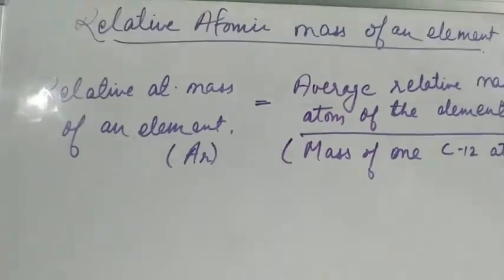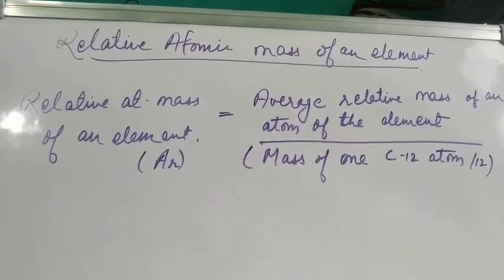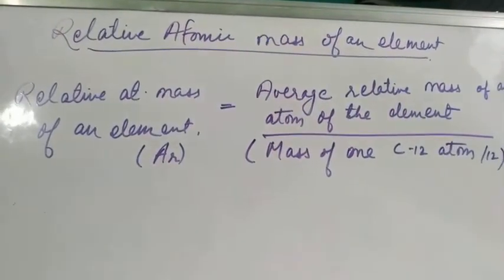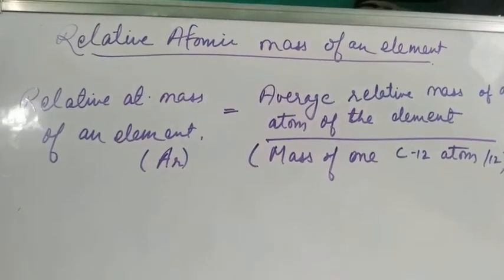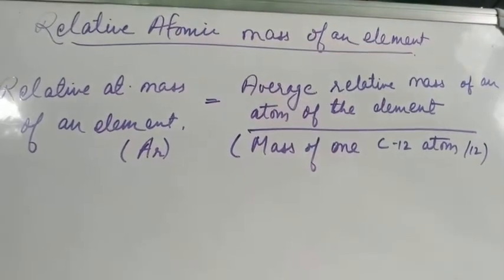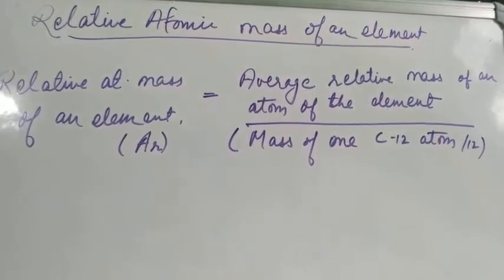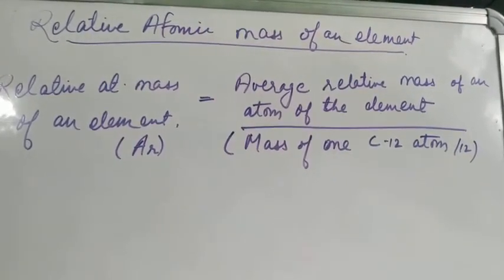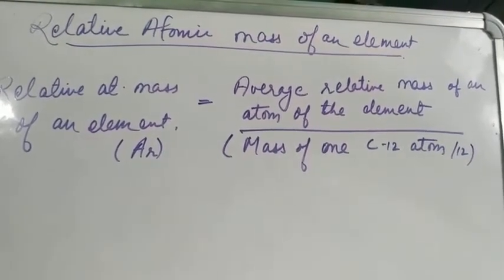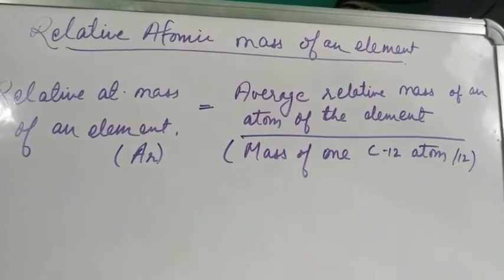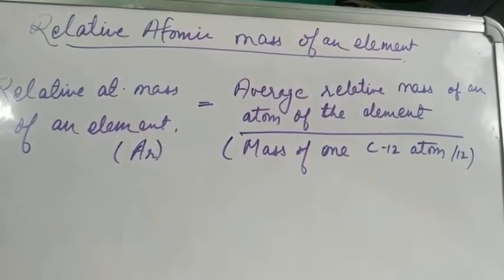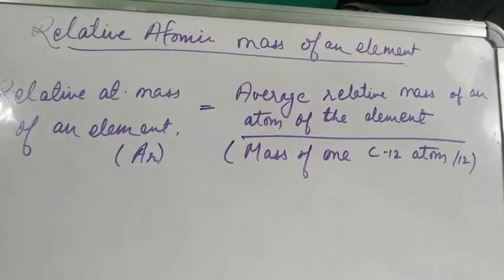So what is relative atomic mass? Relative atomic mass of an element is equal to the average mass of one atom of an element divided by the mass of one carbon-12 atom by 12. The relative atomic mass is denoted by A_R and it has no unit.